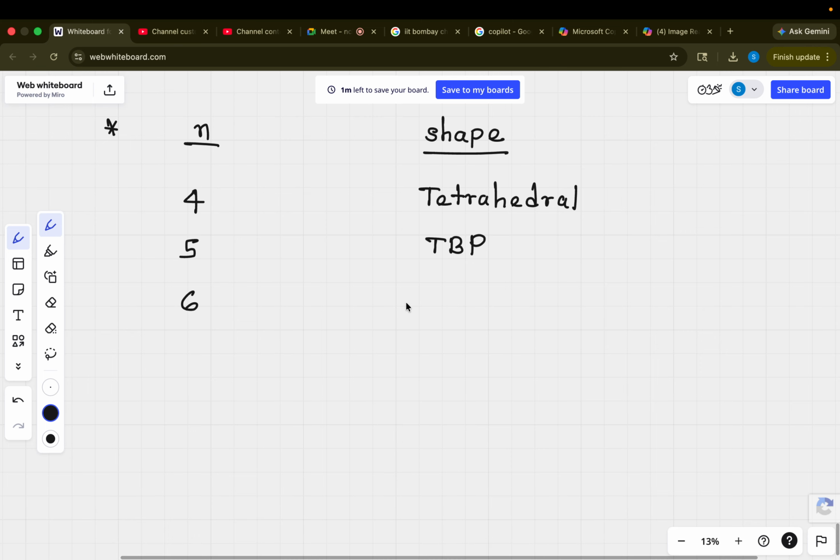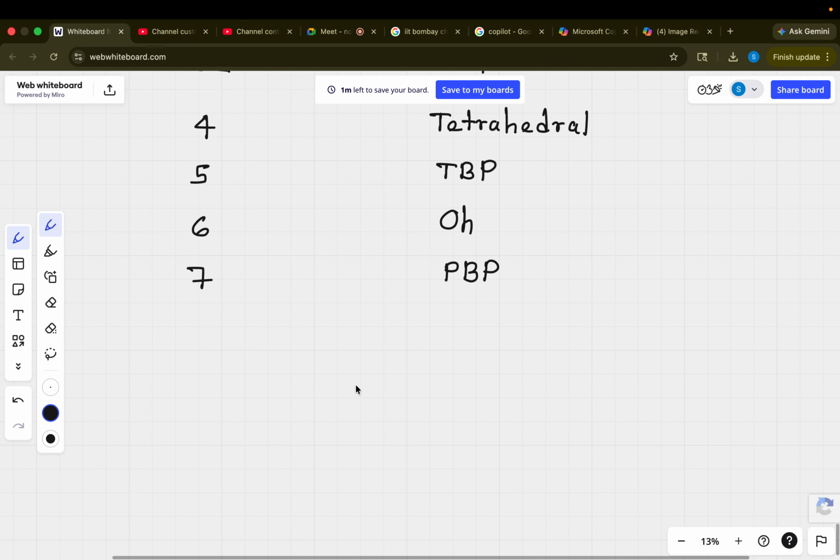If it is 6, then it will be octahedral. If it is 7, then it will be pentagonal bipyramidal, PBP. So these are the values you already know. So 4 belongs to tetrahedral, 5 TBP, 6 octahedral, and 7 pentagonal bipyramidal. Up to that all of you know.